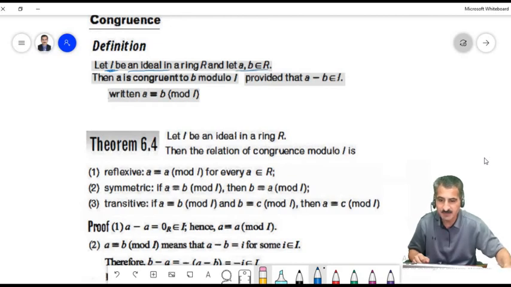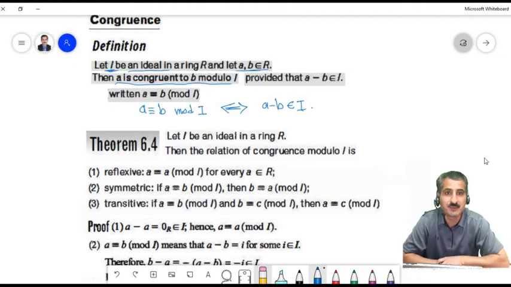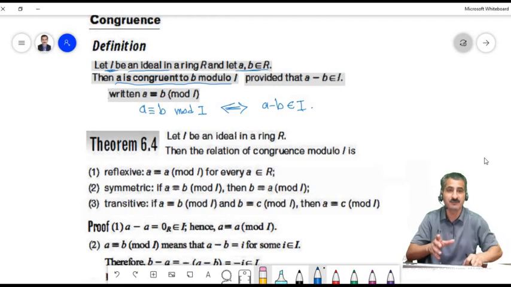And we will say that a and b are congruent modulo I, and I will keep writing it this way, a is congruent to b modulo I, if and only if, same thing as for subgroups, their difference belongs to I. So two elements are congruent modulo a normal subgroup if their difference belongs to that normal subgroup. Same thing for ideals.